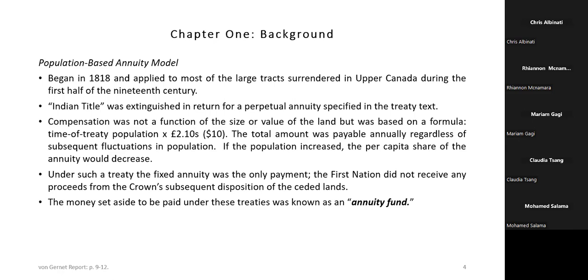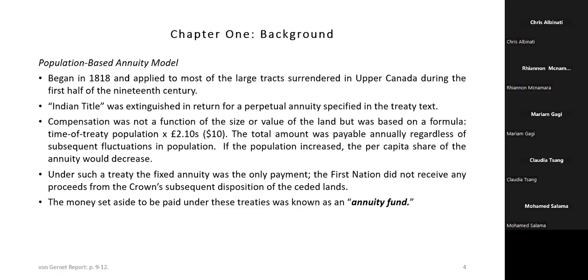But if the population increases, then the amount that was available to individuals would decrease. That's based on an assumption that there's an amount going to individuals.